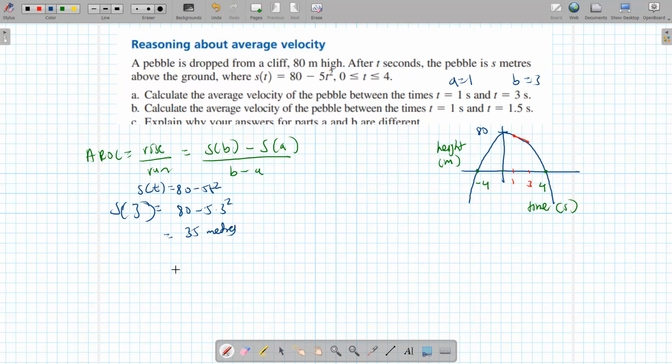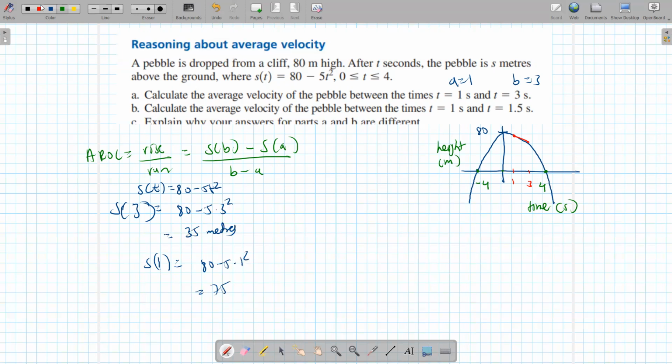Similarly, we need to find S of 1. Can you tell me what S of 1 would be? 80 minus 5 times 1 squared. So that's just going to be 75.